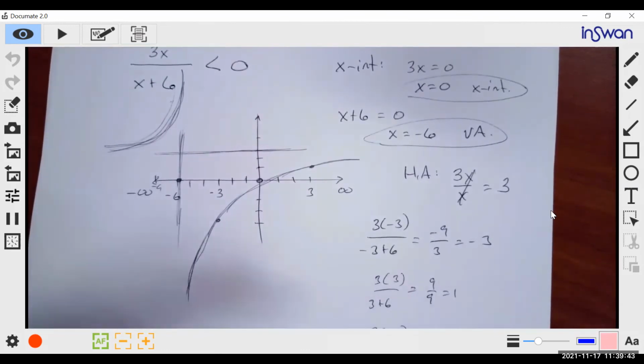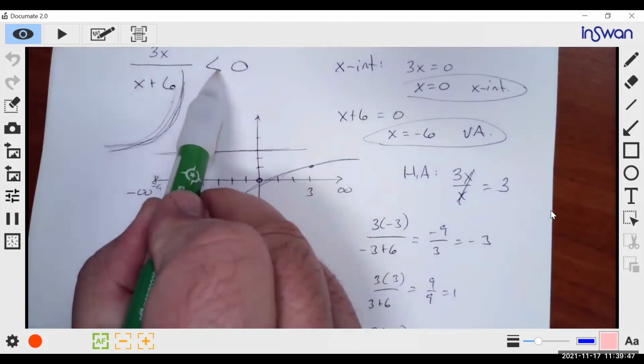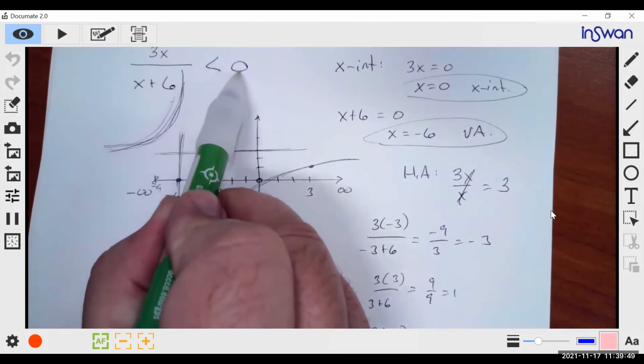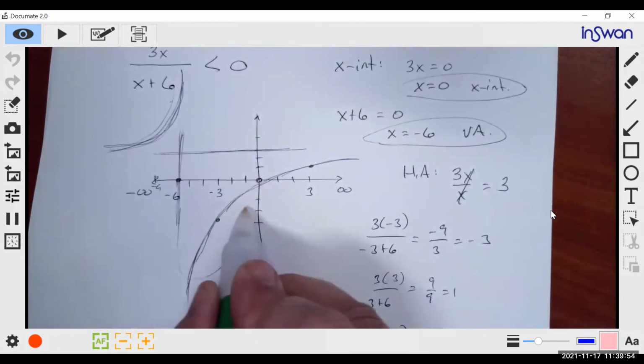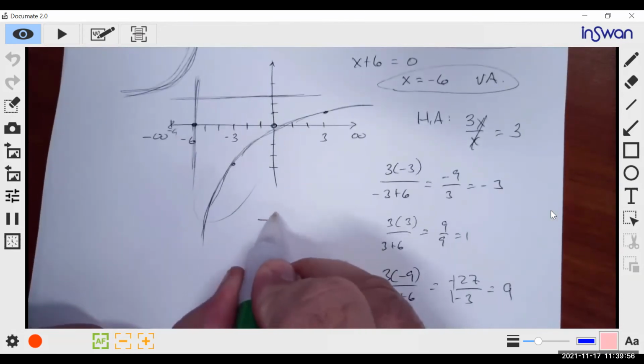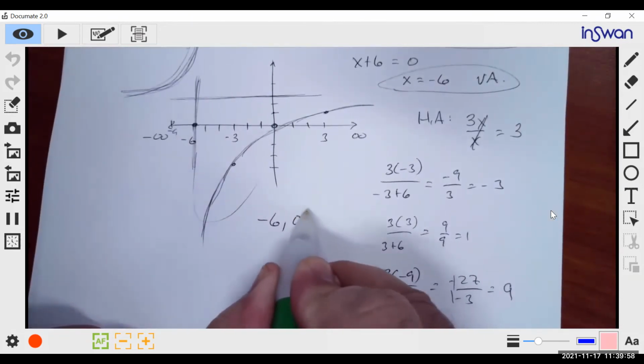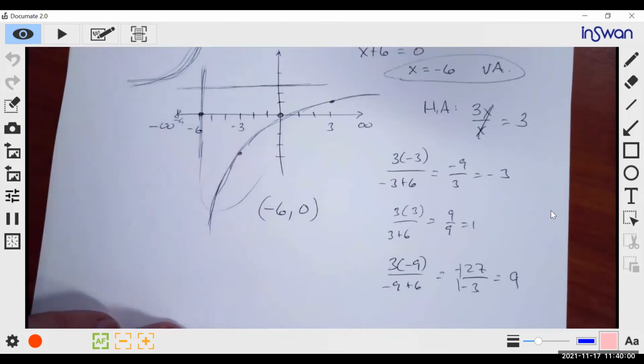So far, so good. That's how I drew the graph. But I only want the part of the graph that's below 0. That's everything here from -6 to 0. That's my answer.